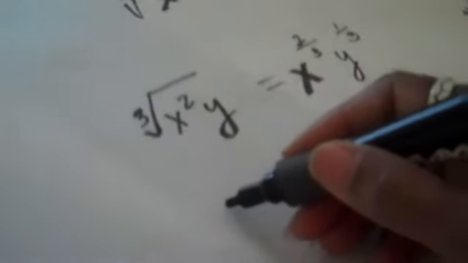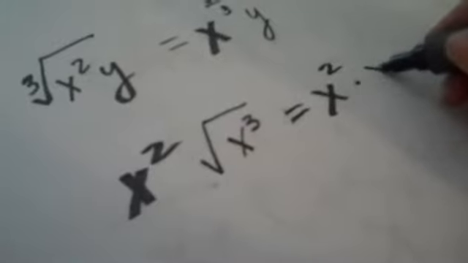Okay, if you had an expression, let's say like x squared times the square root of x to the 3rd, and you're asked to simplify that and write your answer using fractional exponents. Okay, this would be x squared times x to the 3 halves.